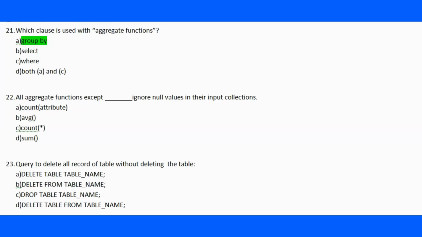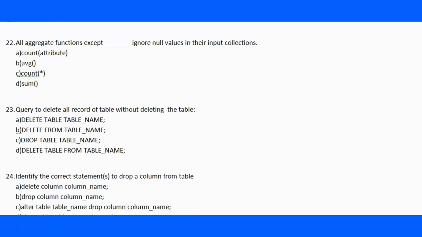22nd question. All aggregate functions except dash ignore the null values in their input collections. We have studied aggregate functions like count, count star, average, sum, min and max.